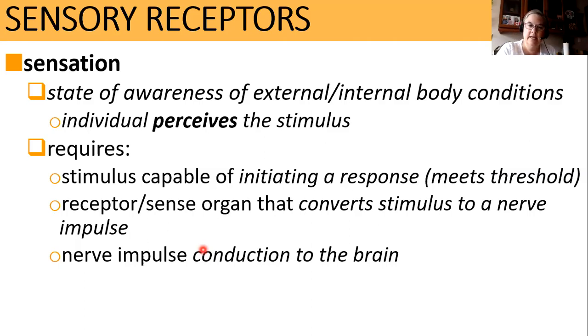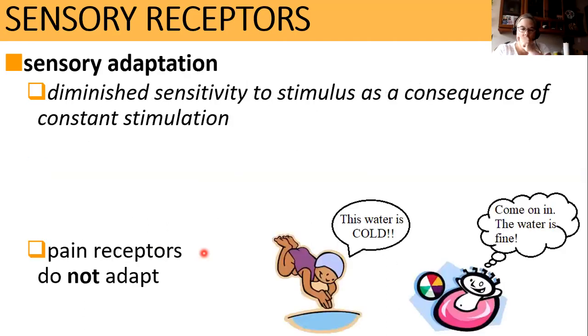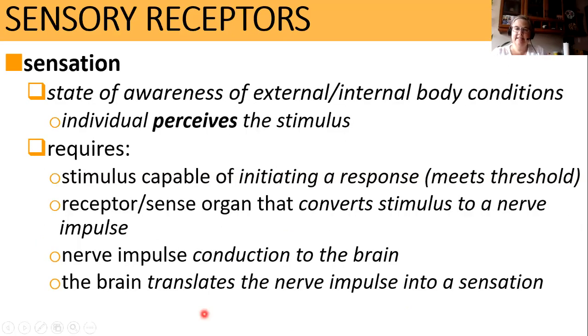It's got to get to the brain, and the brain has to translate that into something that we can perceive. So if we meet step 1 and step 2, when we have a stimulus and our eyes and photoreceptors are working just fine, I'm still not going to perceive that image if I have damage to my optic nerve, because that message doesn't make it to my brain.